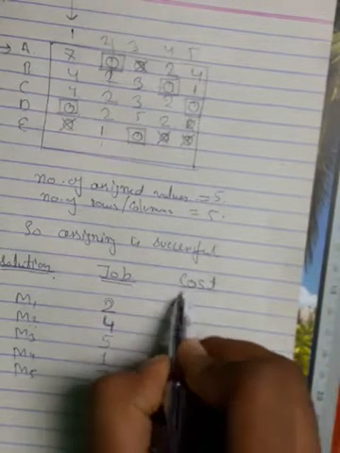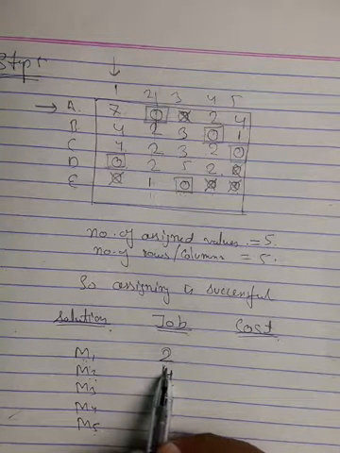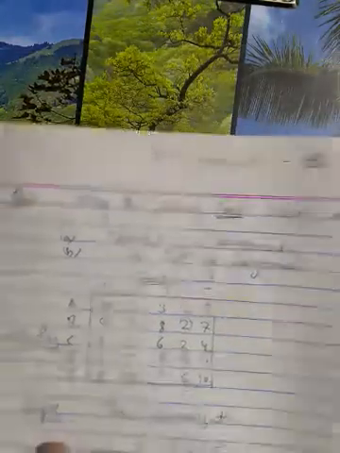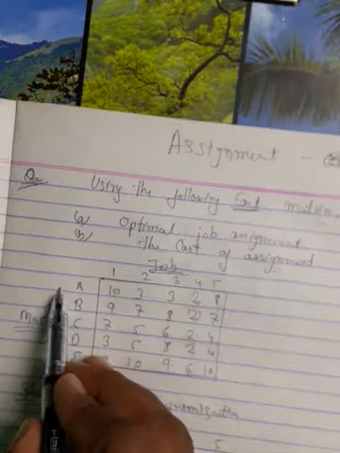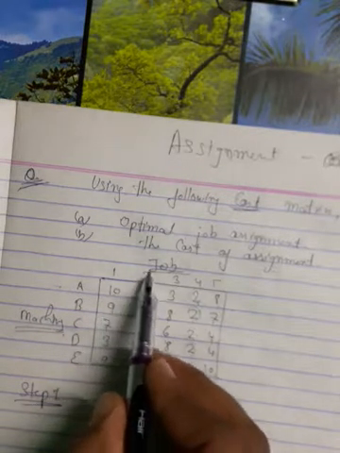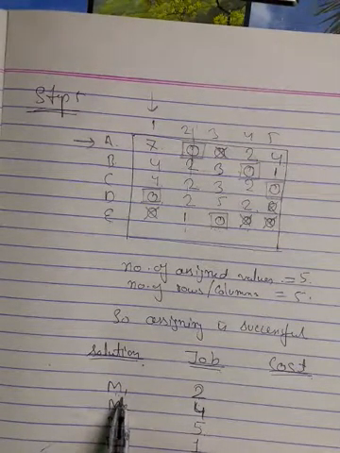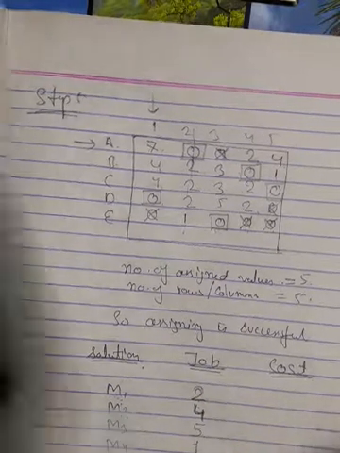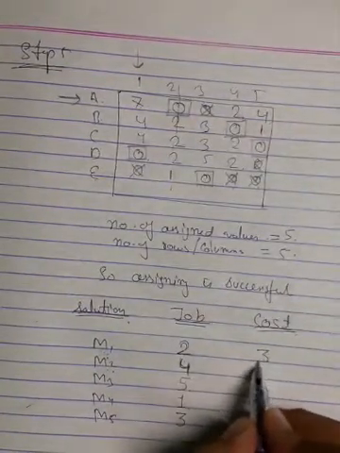So in the third column of the solution part, you have to write the cost. Now for the M1 machine, second job: first row, second column. You have to go to the question and see what is given there. The element is 3. So the first machine and second job cost is 3, so write here cost as 3.